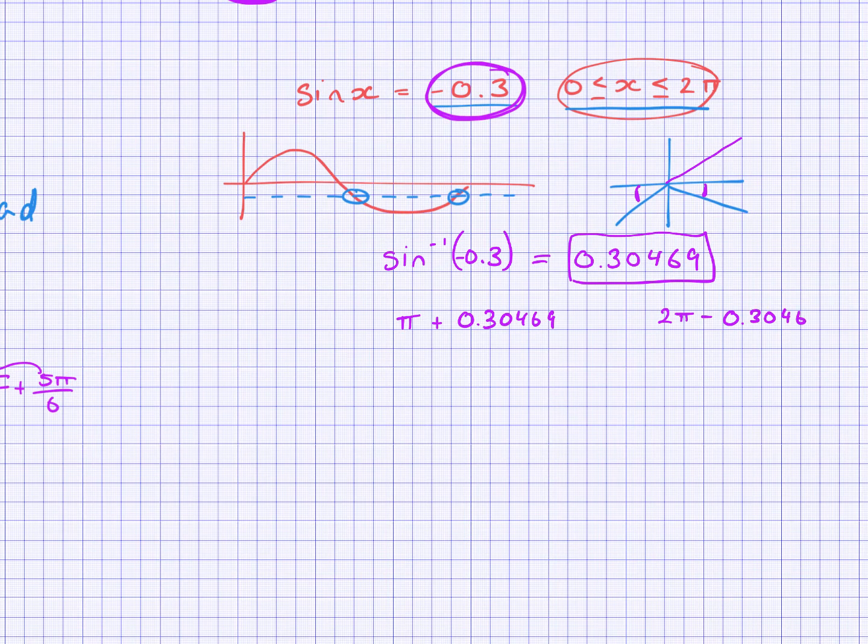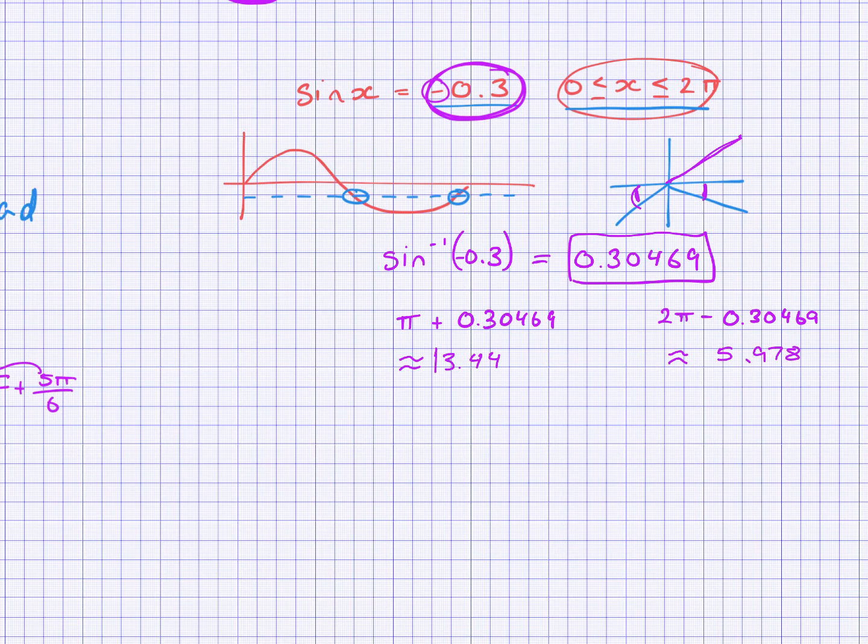All right, so you can see here that we've found out what the angle is in the first quadrant and converted it into the required quadrant, given that we knew there was a negative result. This pi plus will roughly equate to 3.446, and this 2 pi minus will roughly equate to 5.978.